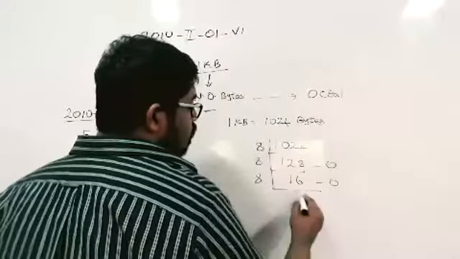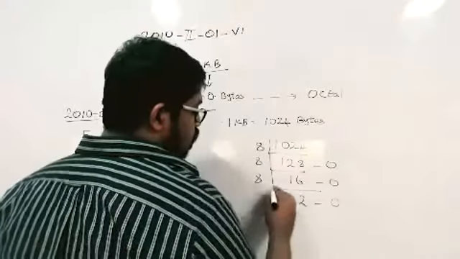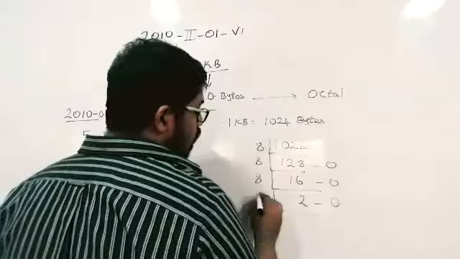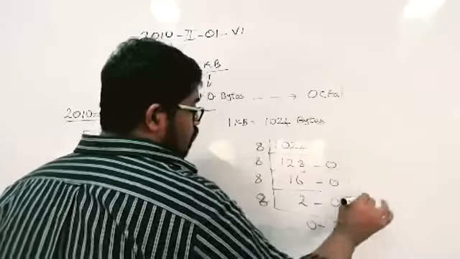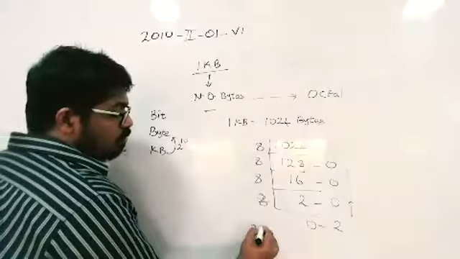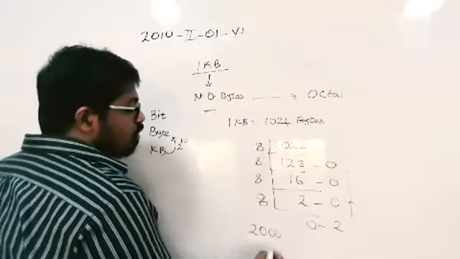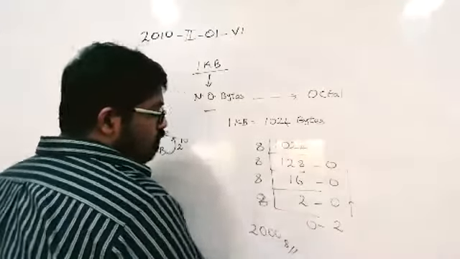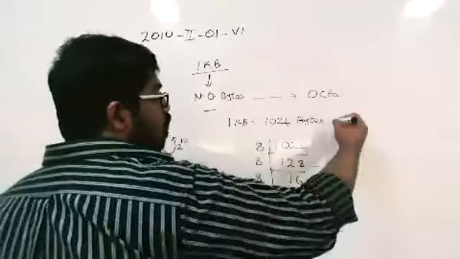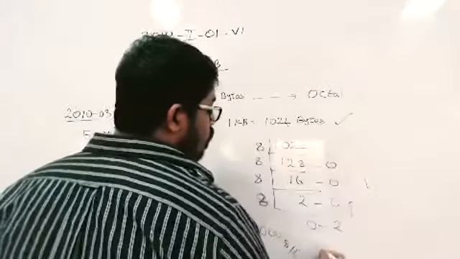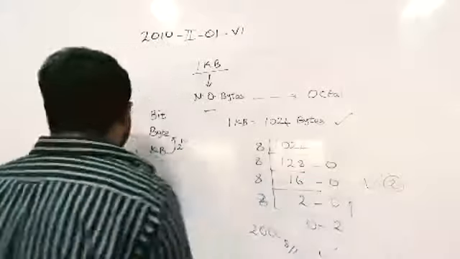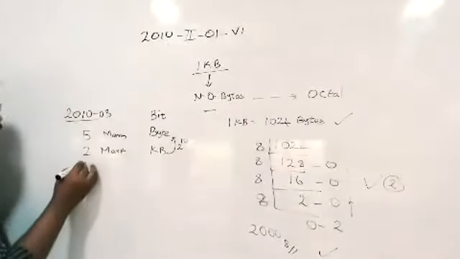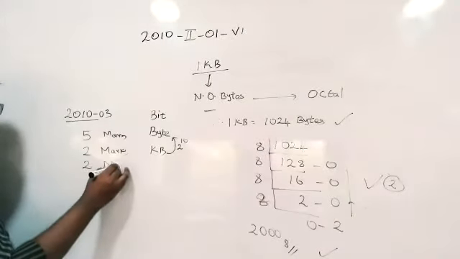When you divide by 8, 2. When you divide by 8, 0, and the answer will be 2000 base 8. So this one will have the marks, this one will have the marks, this one will have the marks. Altogether 2 marks. So in the 2010 paper, this is 2 marks.